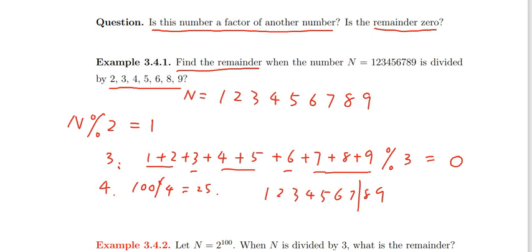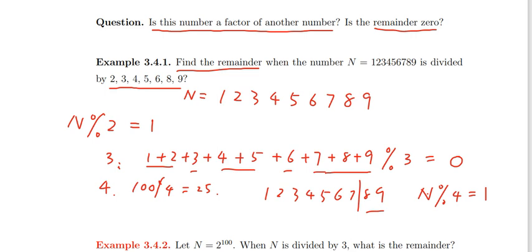So we just check 89 divided by 4. The remainder is 1, since 88 plus 1.